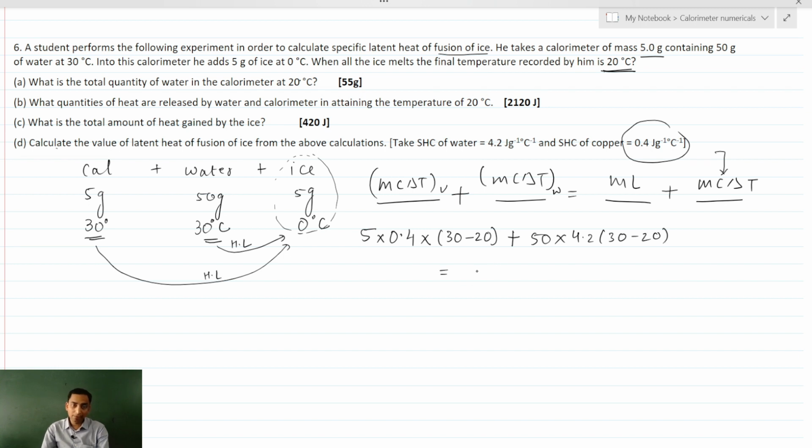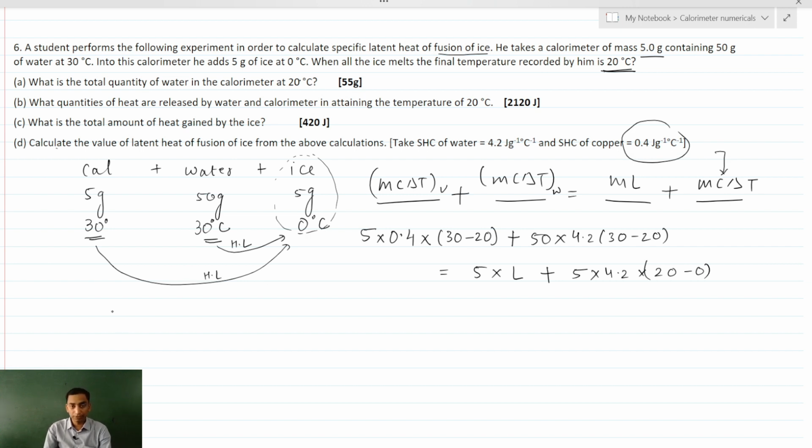Now the heat gained will be 5 grams into the latent heat, plus here the mass is 5 grams, which is converting into water, into 4.2 into from 0 to 20. So the difference is 20 minus 0. Now let us write this again and solve it.